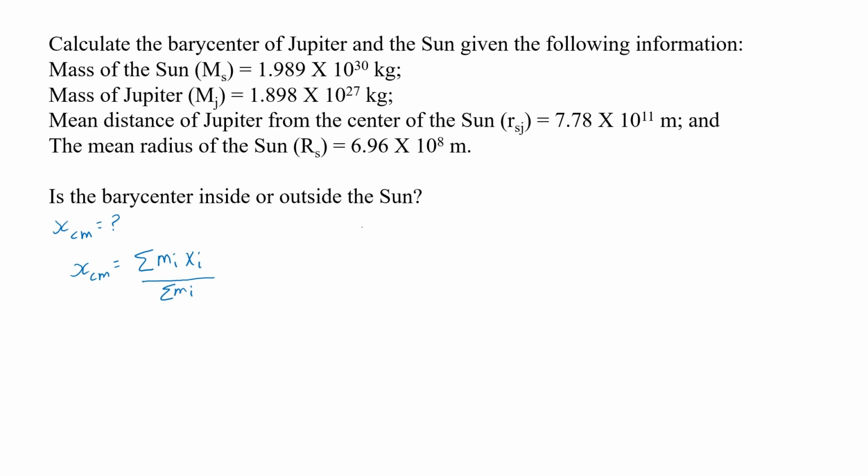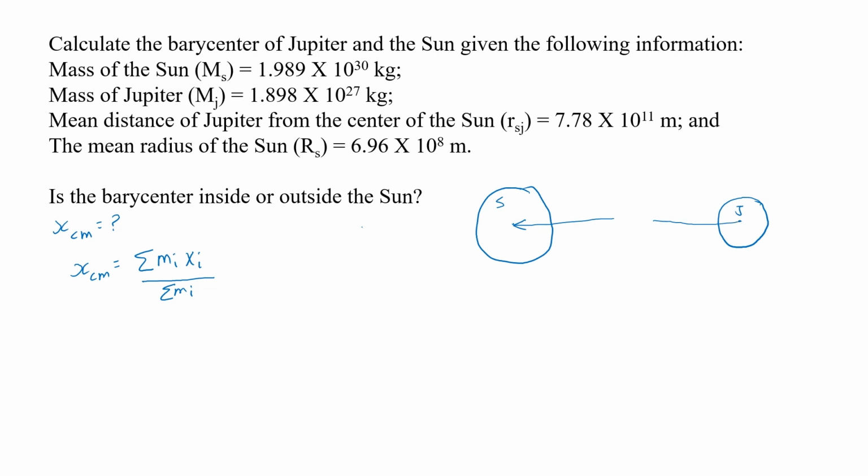So, if you have our Sun, for example, something like here, the center is right here, it's the Sun, and this is Jupiter, the center is right here. We know their masses, and we know the mean distance between these two objects.